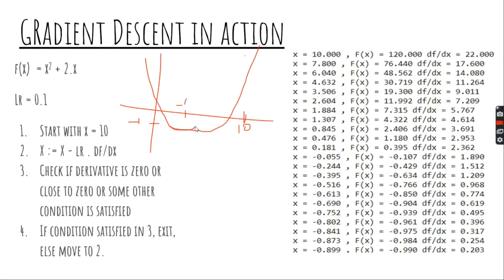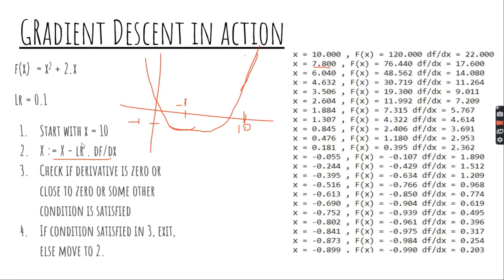I know this isn't a perfect curve, but stay with me for a while. Now at x equal to 10 we had 120, and we had a slope value. To update that x, we replace it with x minus LR into the differential. So that gives us a new x, 7.